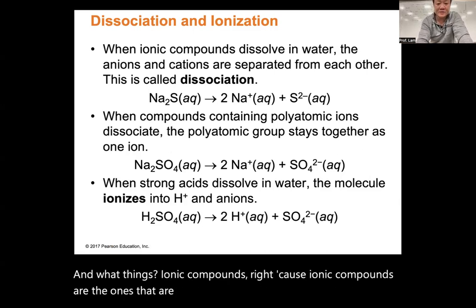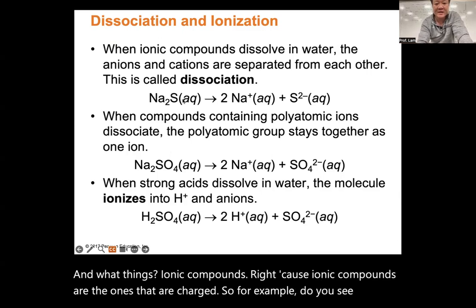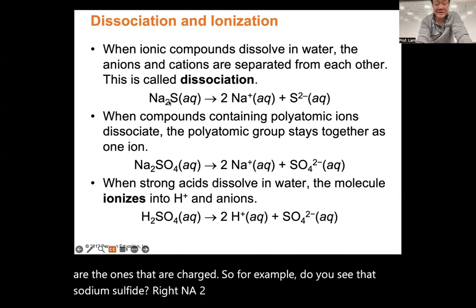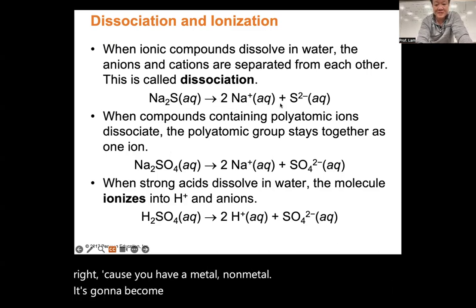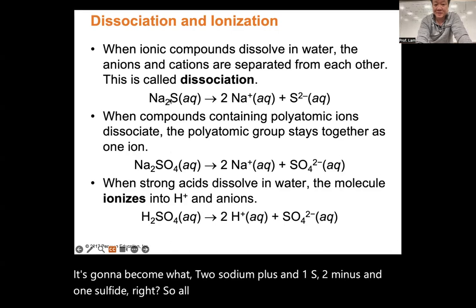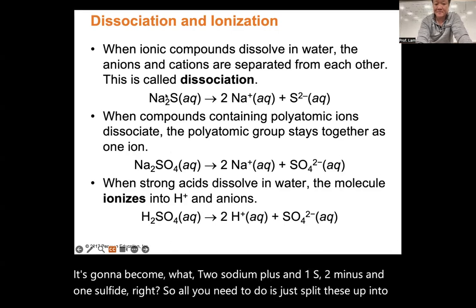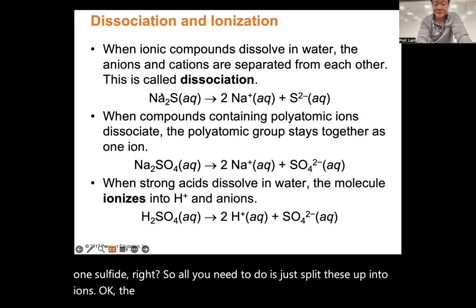So for example, do you see that sodium sulfide, Na2S, that's definitely an ionic compound because you have a metal and a non-metal. It's going to become 2 Na+ and 1 S2-, sulfide. So all you need to do is split these up into ions. The 2 tells you that there are 2 sodiums, so Na+.